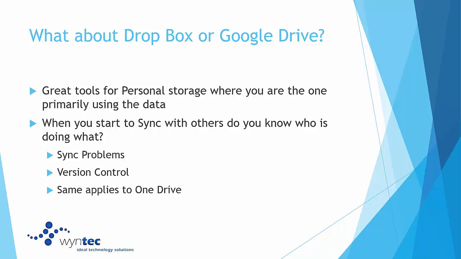So it's a single point of truth. You can choose who you sync that with, who you share that with, what devices you put that on. You're the one controlling that access. What's inherently a challenge in any of these products, be it Dropbox, Google, or even OneDrive, is sync problems.